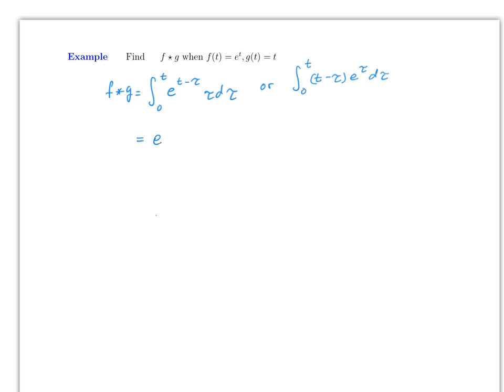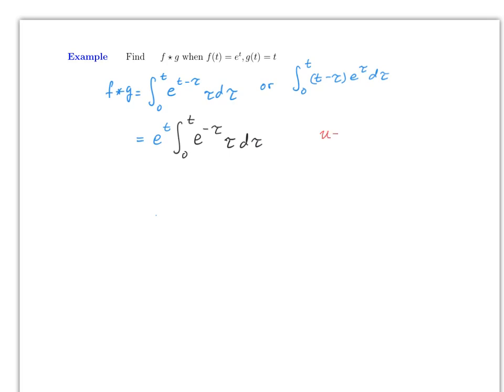So this will be e to the t times the integral from 0 to t of e to the minus tau times tau d tau. Now to integrate this, you have to do integration by parts.